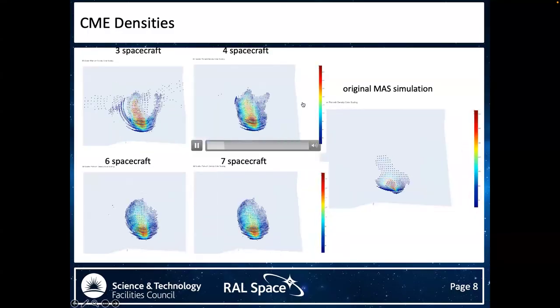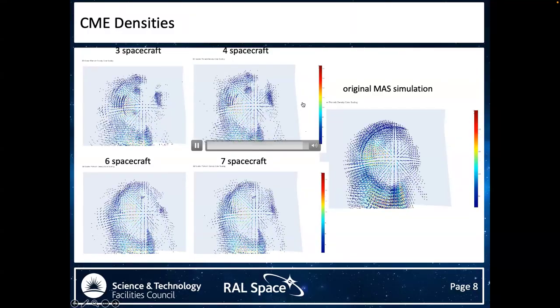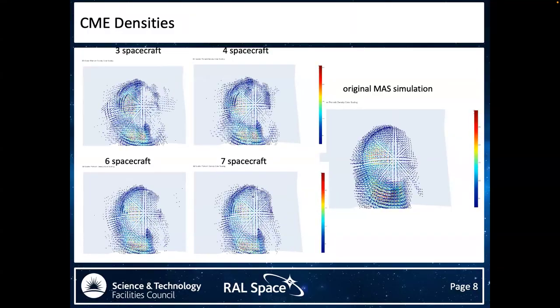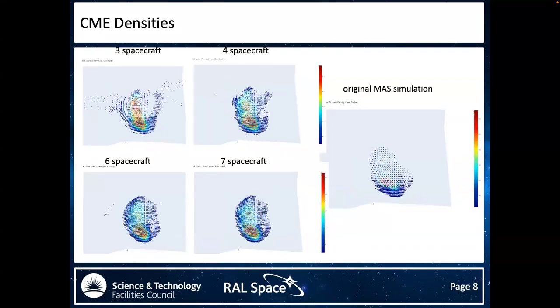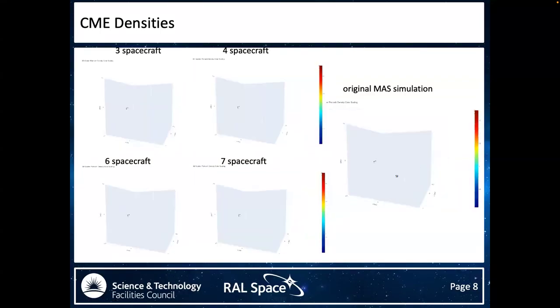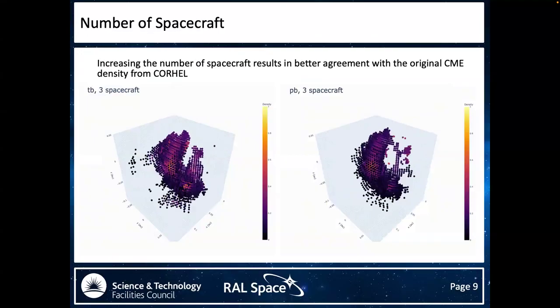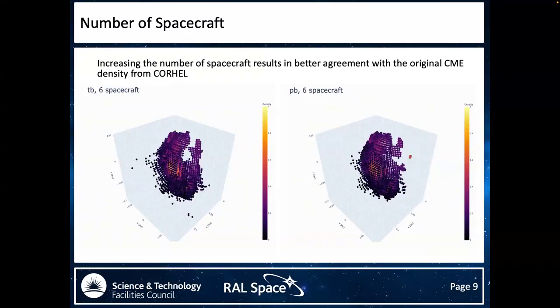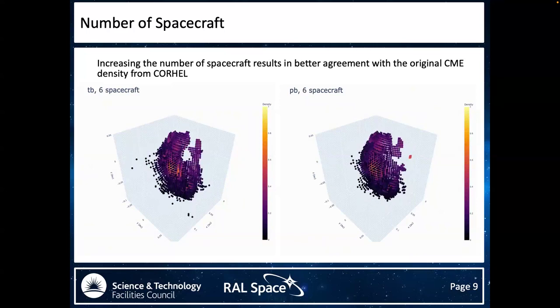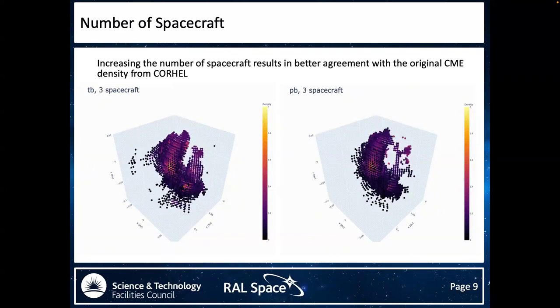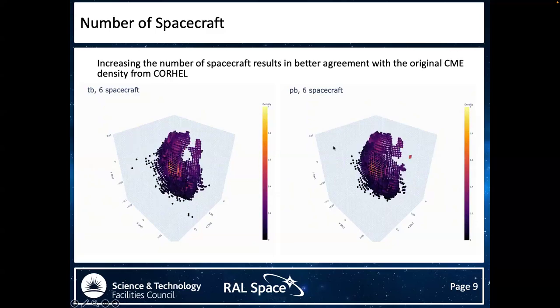If we increase to 4 spacecraft, then we get a much better reconstruction already. And then if you increase the number further to 6 or 7 spacecraft, you can get pretty close to what the actual 3D structure of the CME is. This shows the same results, but on the left, the solution is created using total brightness images. On the right, we also include polarized brightness.